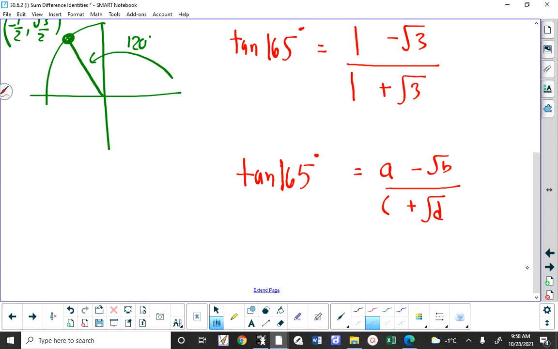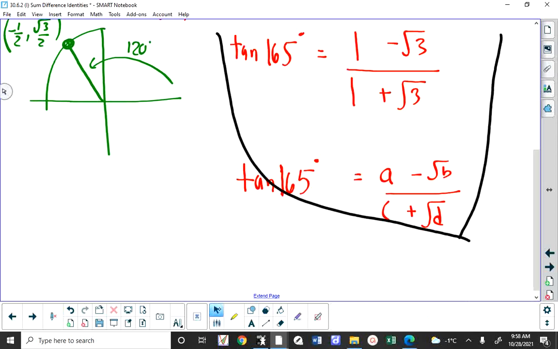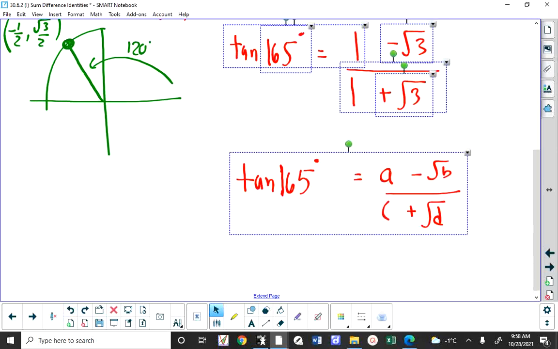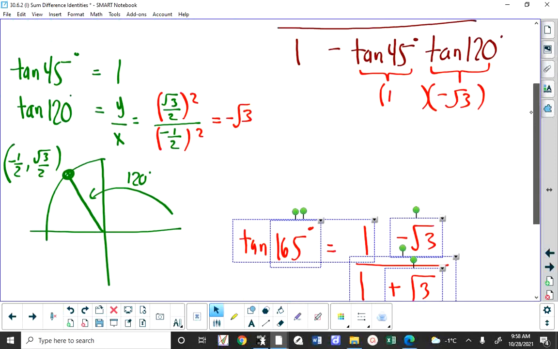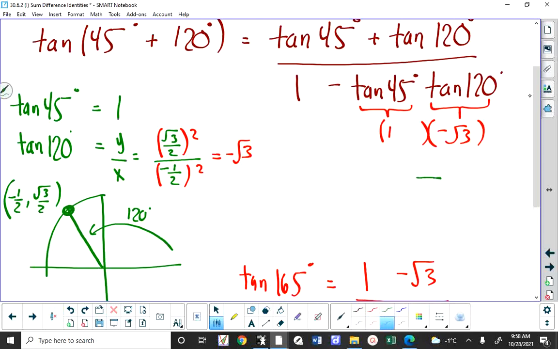How did I get the denominator of 1 plus root 3? On the bottom of my identity, I have 1 minus tan 45 times tan 120. The numerator is 1 minus root 3.